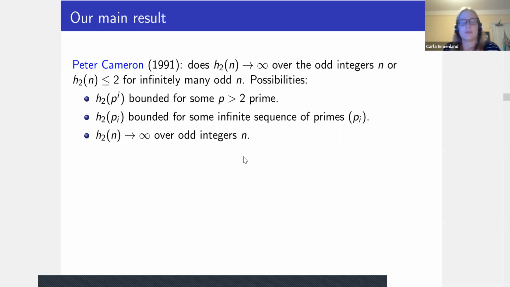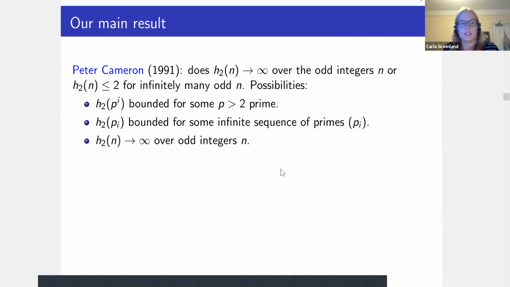But initially there would have been 3 possibilities. We could have had that it converged to infinity. It could be that it's bounded infinitely often. And in that case, either there could have been some bad prime for which these prime powers are all bounded, or there could have been infinitely many primes for which it's bounded.